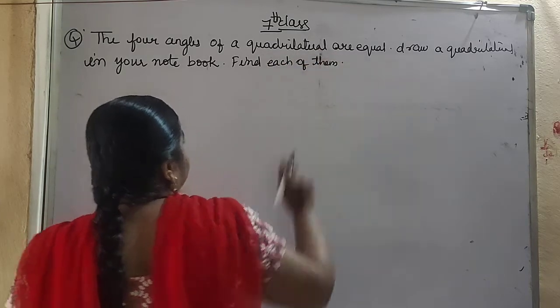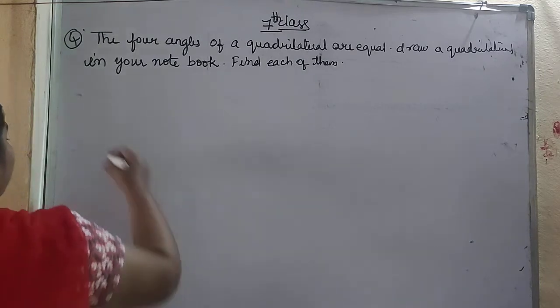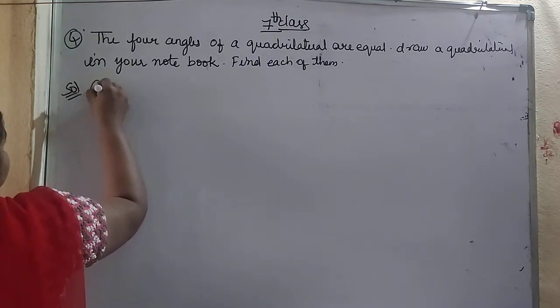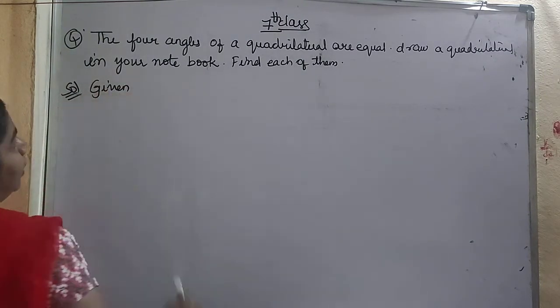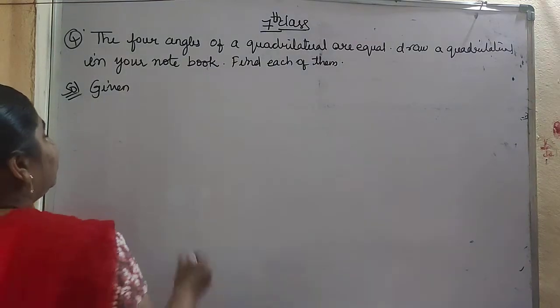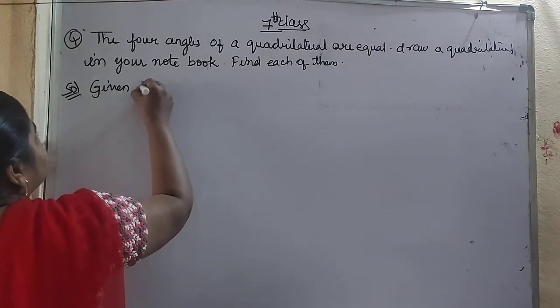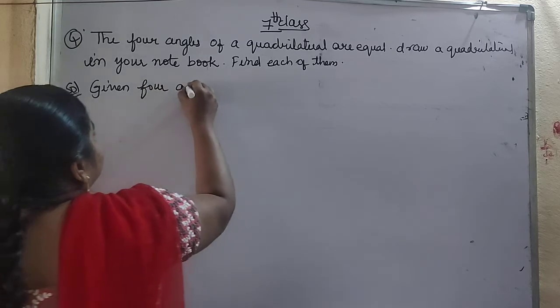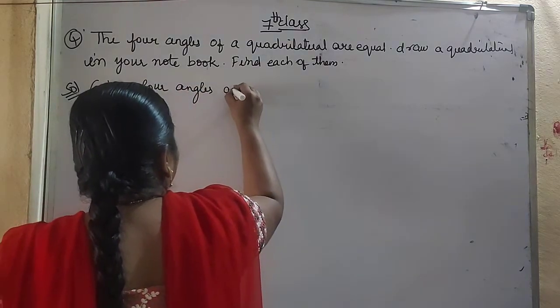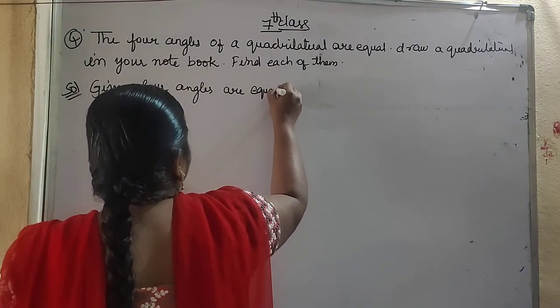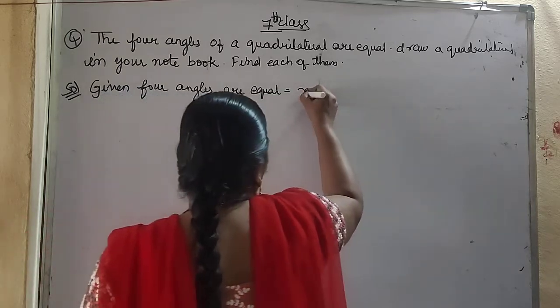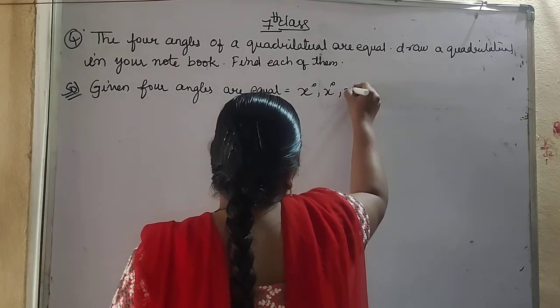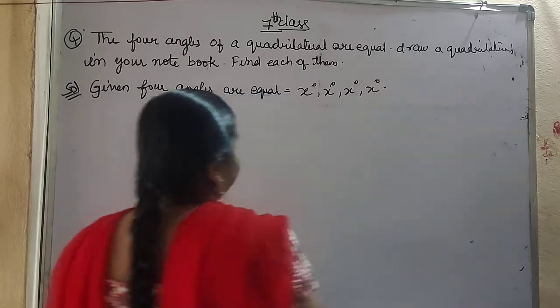We have to find them also. Okay, so here given four angles of a quadrilateral are equal. So all the four angles are equal. So I am taking all as x degrees, x degrees, x degrees and x degrees.